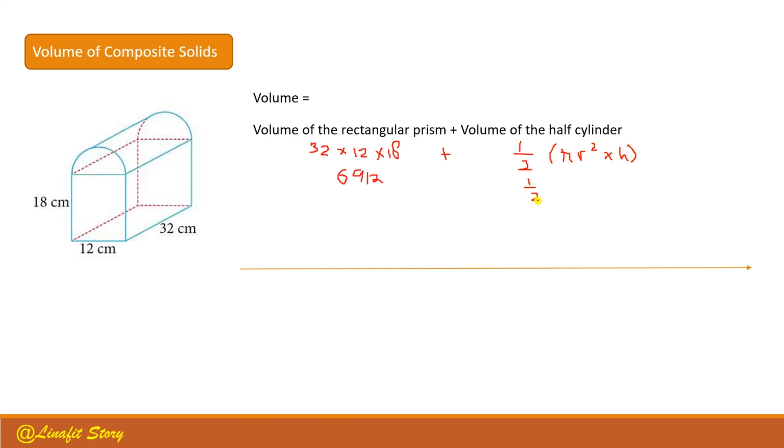So 1/2 times pi times 6 squared times the height of the cylinder, which is 32, is equal to 576 pi, plus 6,912 is equal to 8,720 cubic cm. This is 3 significant figures.